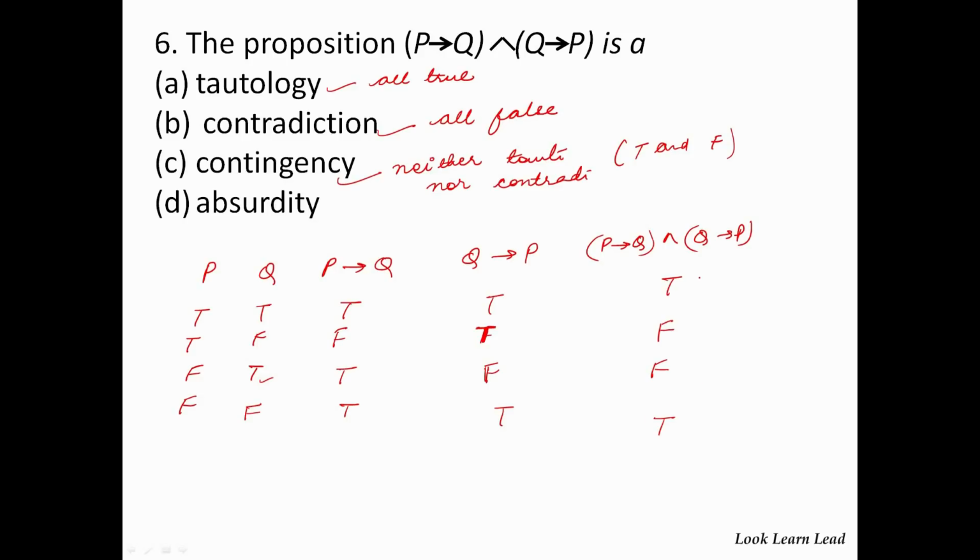Okay, so here we have a mixture of true and false. So the answer is contingency. So C is the answer. Contingency is our answer.